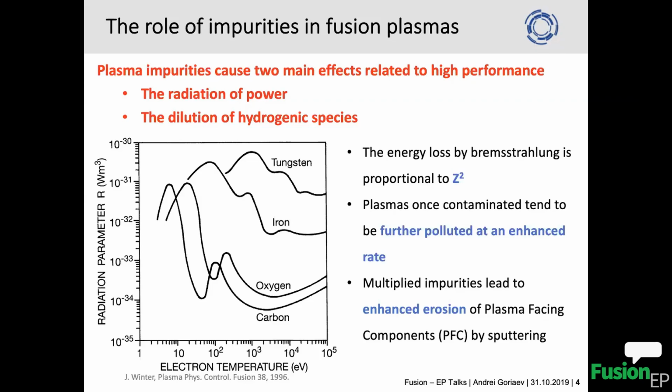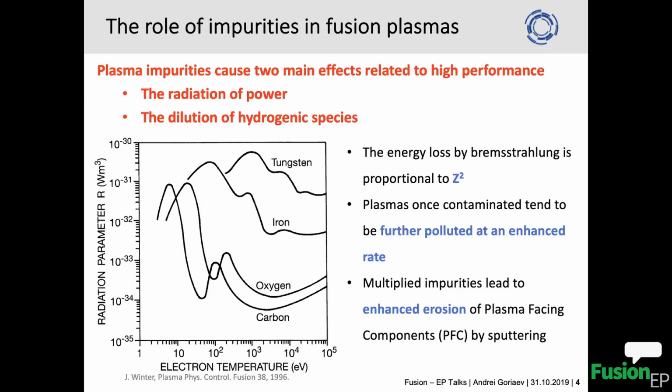If you have oxygen in your plasma, first of all, it radiates a lot. Second, it leads to chemical sputtering, for instance. So you will have a lot of erosion of the plasma-facing components, doesn't matter what it is, carbon or tungsten or stainless steel. Okay, so that's a problem.